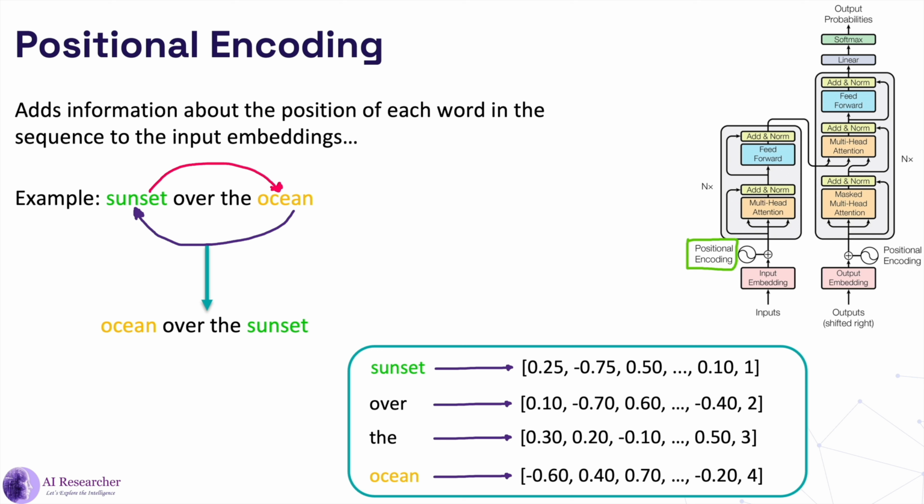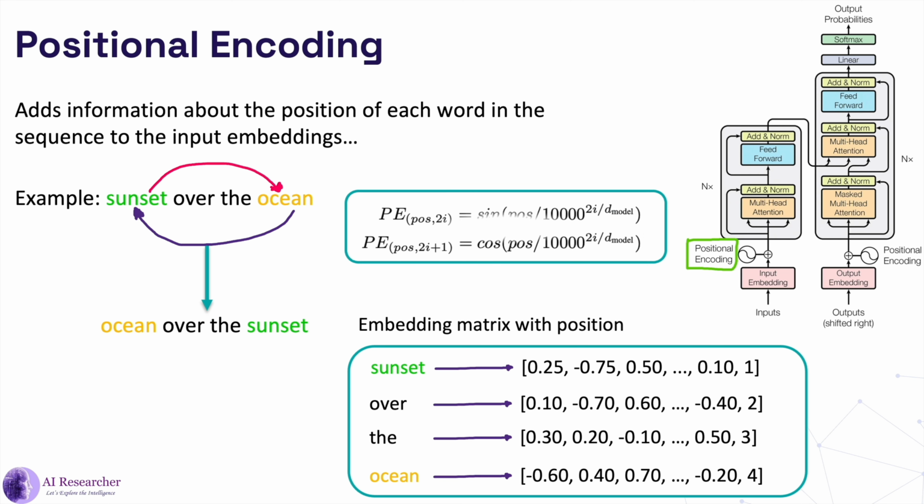Let's think that the 1 is the position of the sunset word, then over has the second position, then the has the third, and ocean has the fourth position. This helps the model to understand the order of the words in the sentence. In summary, we can say that positional encoding adjusts the embedding vector to accurately represent the token position within the sentence.